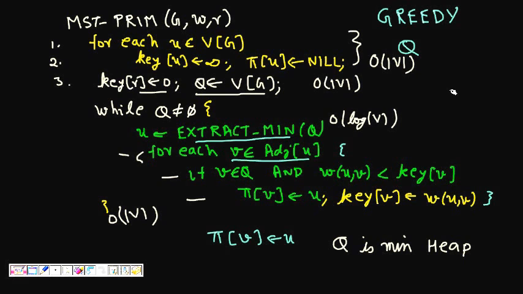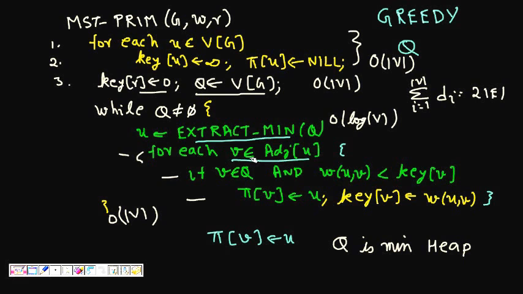So it will be summing up all the degrees of the nodes, that is, we will be looking at all the edges. If you sum i equal to 1 to mod V, this becomes equal to twice the number of edges.